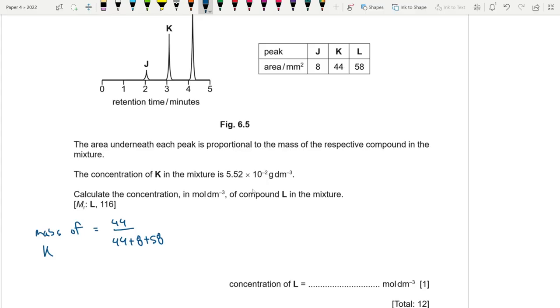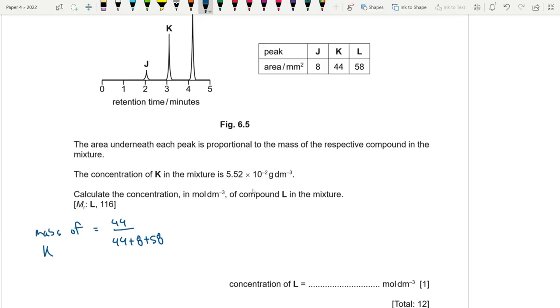Let me get my calculator. 110, right? I'm making a mistake. 44 plus 58 plus 8, 110. The area is proportional to the mass.